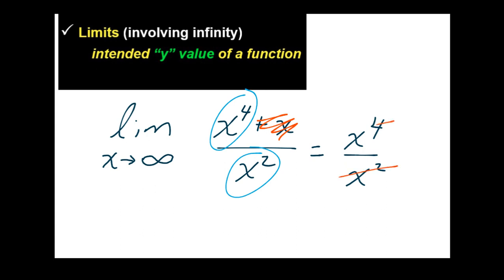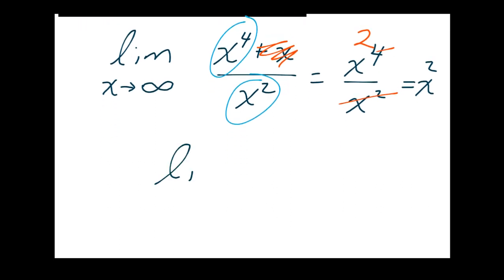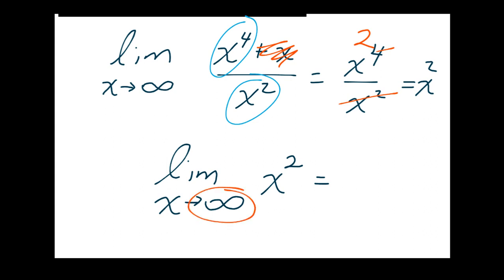Now, if you do a little bit of simplifying here, you end up with x squared. Now, x squared is like the simplified version of this equation. We still have to think about what happens if x gets really big, because that's what it means for x to go to infinity. Now, I can't really plug in infinity.